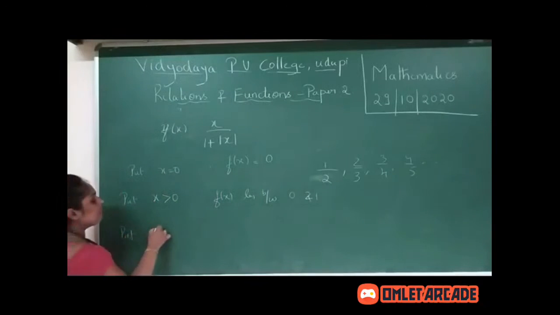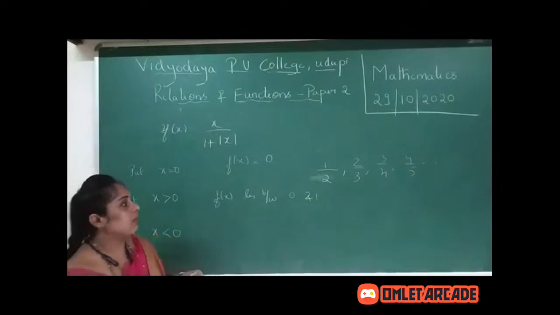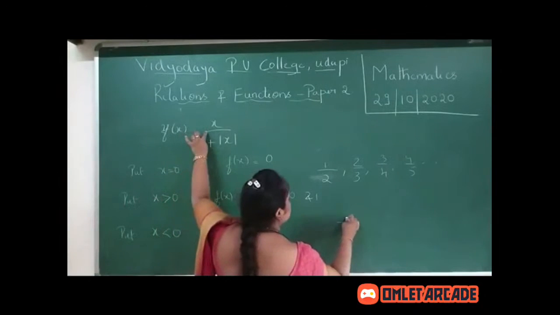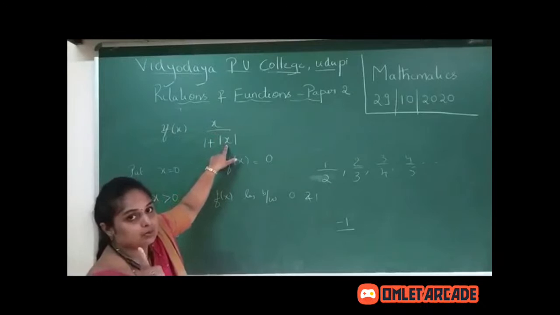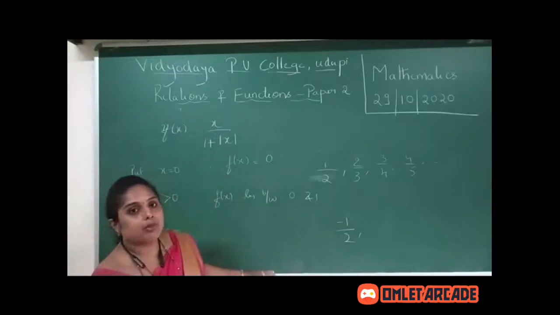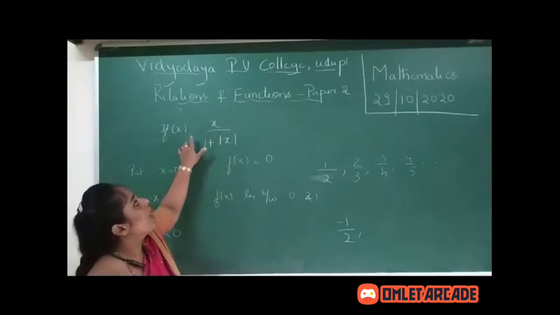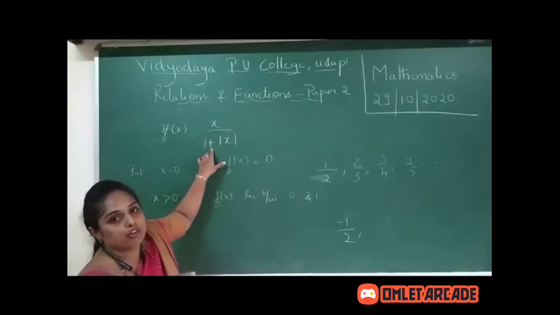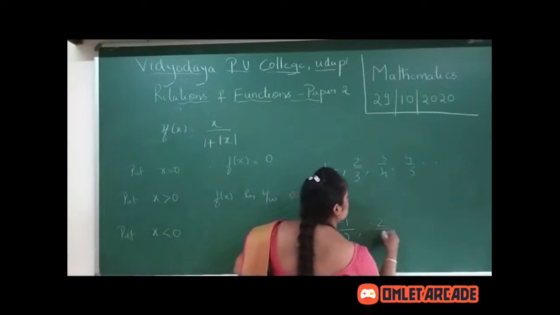Now what happens if x is negative? In case I put minus 1, I get minus 1 divided by 1 plus mod of minus 1, which is plus 1, so 1 plus 1 is 2. Similarly, if I put minus 2, minus 2 divided by 1 plus mod of minus 2, which is plus 2, so 2 plus 1 is 3, which gives minus 2 by 3.